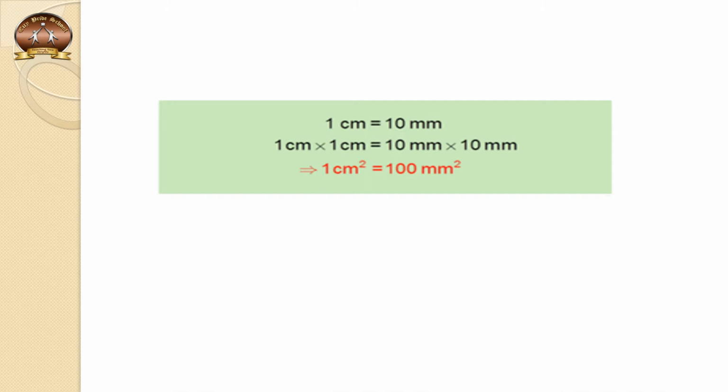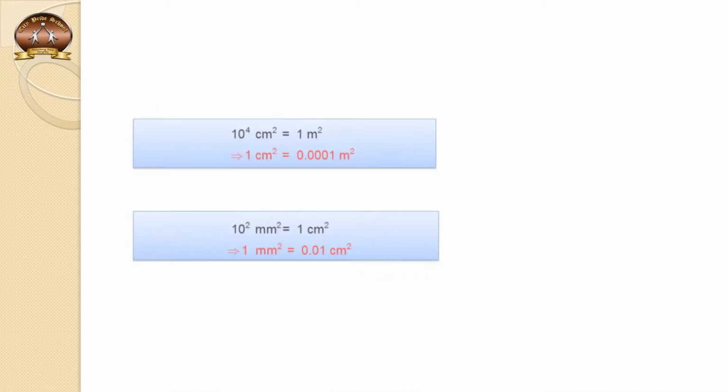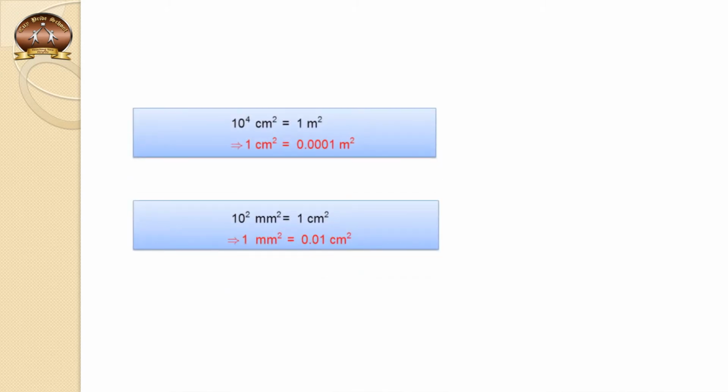That is, 1 centimeter square will be equal to 100 millimeter square. And I can also convert centimeter square to meter square, and that answer will be 1 centimeter square will be equal to 0.001 meter square. Similarly, 1 millimeter square will be equal to 0.01 centimeter square.